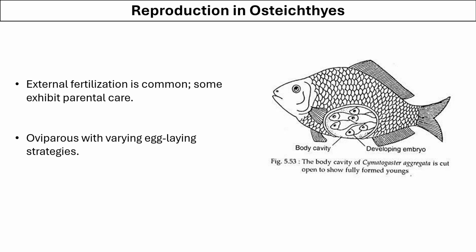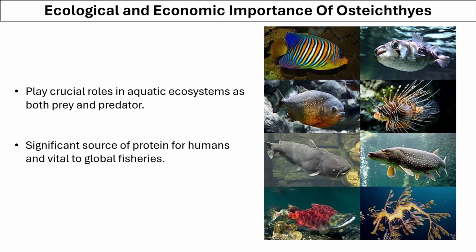They are oviparous with varying egg laying strategies, and they produce eggs which hatch outside of their body. Osteichthyes play a crucial role in their aquatic ecosystem. They are both prey to some bigger animals and predators of some smaller animals. They are a significant source of protein for human beings, and there are a variety of fishes which are eaten all over the world.